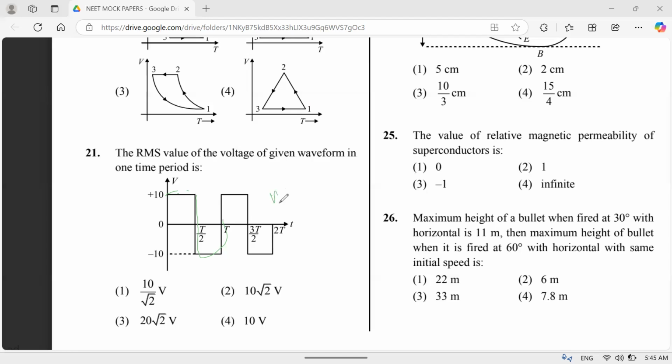I told you the formula. VRMS is root mean square. We take the root, then the mean of the square, that is the integral of I square dt divided by the integral of dt, for one time period, 0 to T. So it is under root of 1 by capital T times the integral.